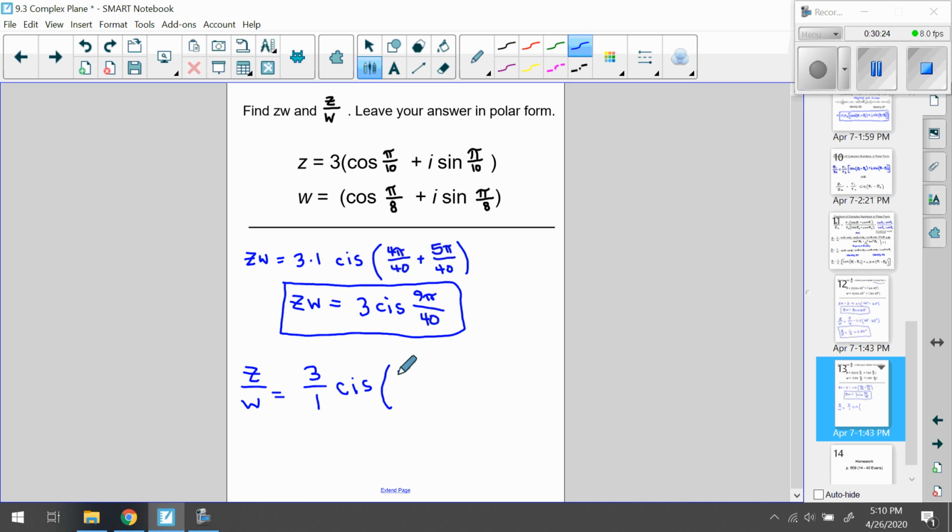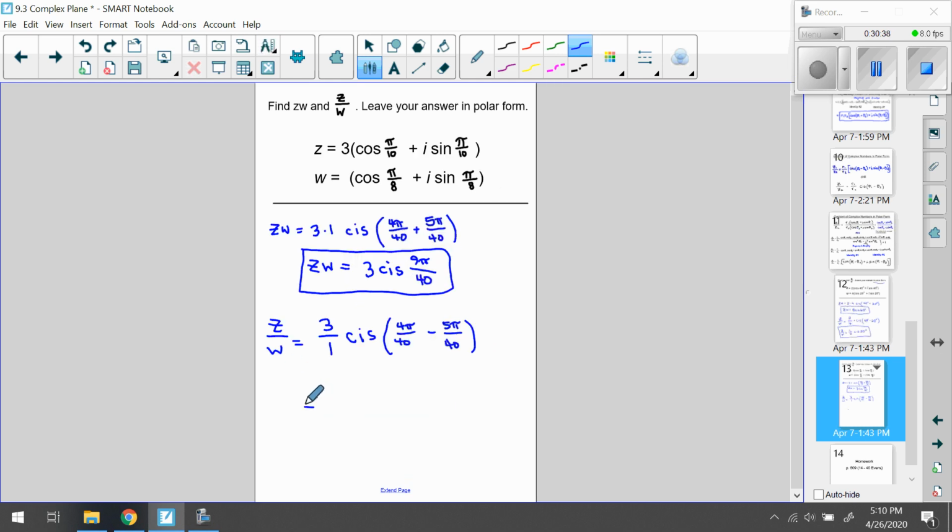I'm going to use 4 pi over 40 and subtract 5 pi over 40. 3 divided by 1 is still 3. So that's going to give me 3 cis. And then 4 minus 5 will be negative. I'm going to put parentheses here since I have a negative so it doesn't look like I'm subtracting. I'm going to say cis negative pi over 40.